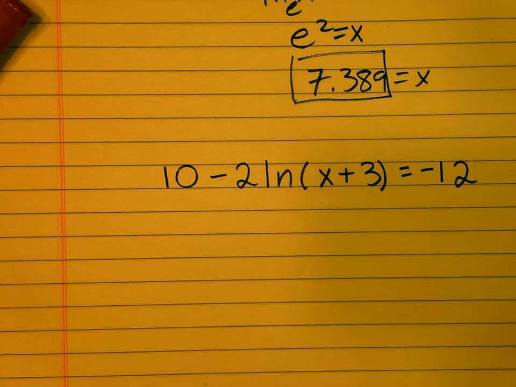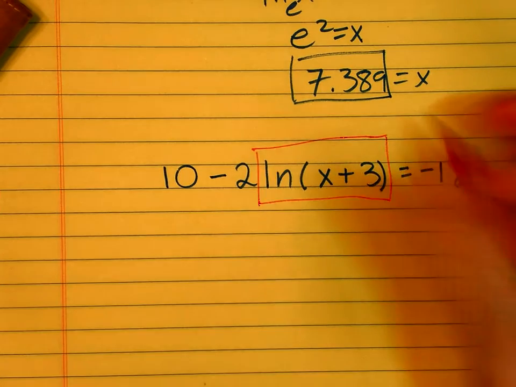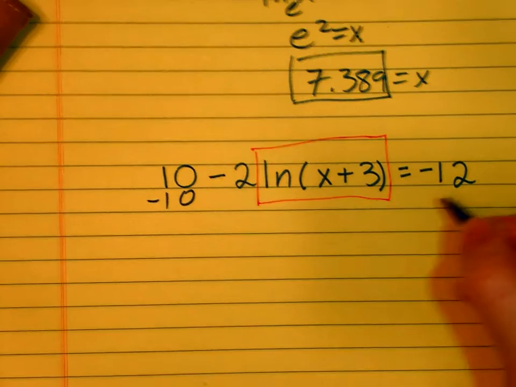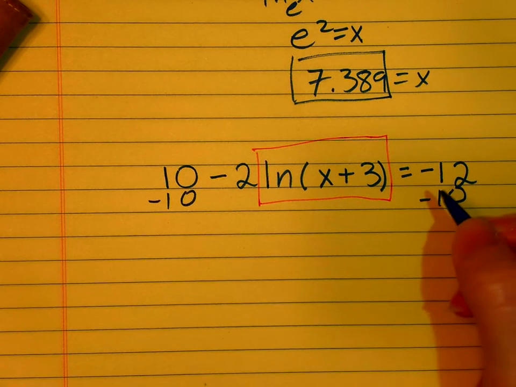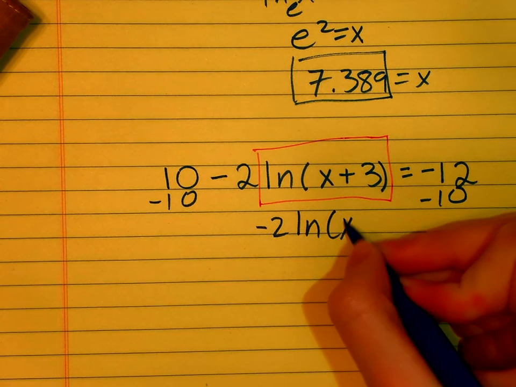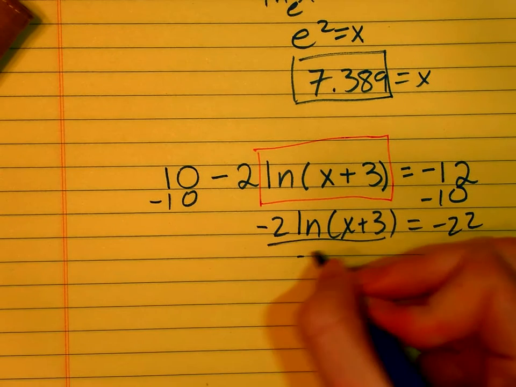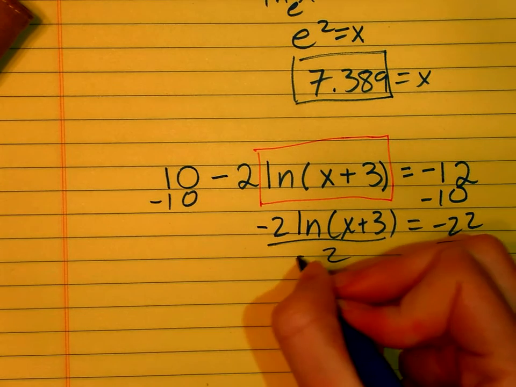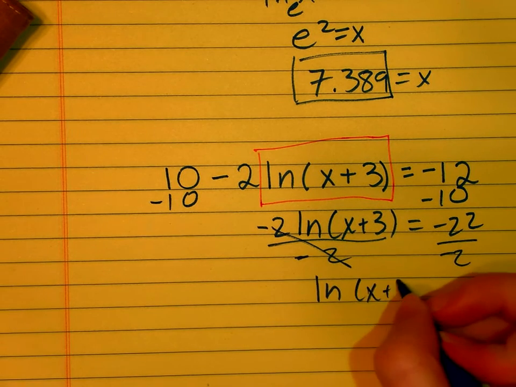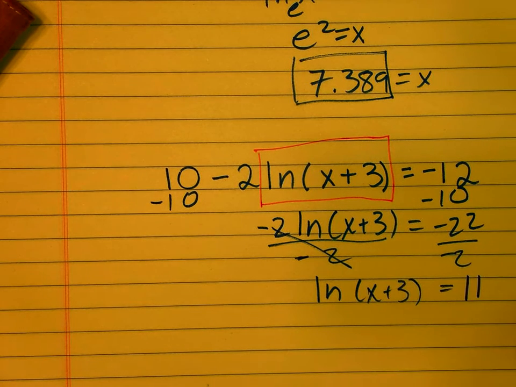Again, I box in my natural log, which is what I'm going to solve for, so that I can subtract 10. Again, we're pretending that it's one giant variable. So I get negative 2 ln of x plus 3 equals negative 22. Divide by negative 2, divide by negative 2. Cancels. I get natural log of x plus 3 equals 11.